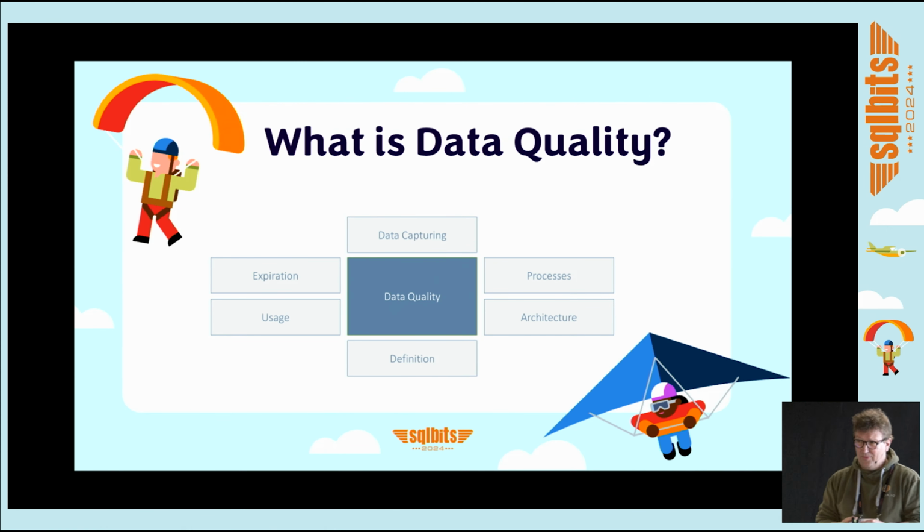Also, you can have data quality problems in processes where something goes from one system to another, and maybe the mapping is not right and you lose some data, or you have issues with your code page.